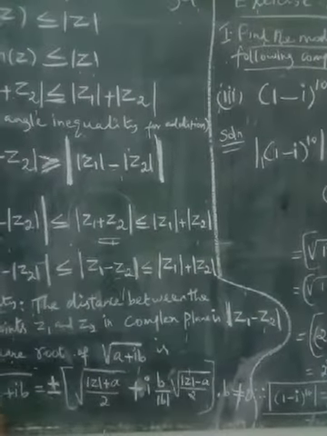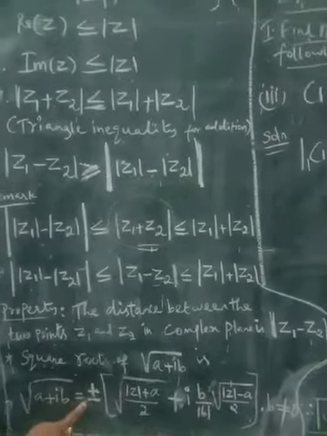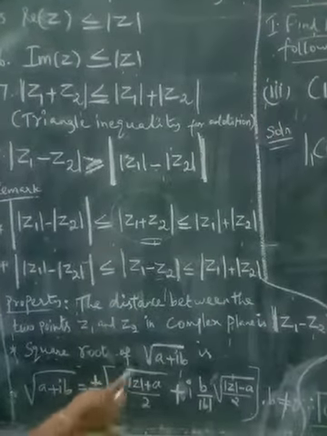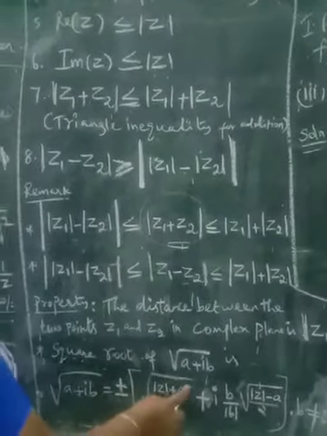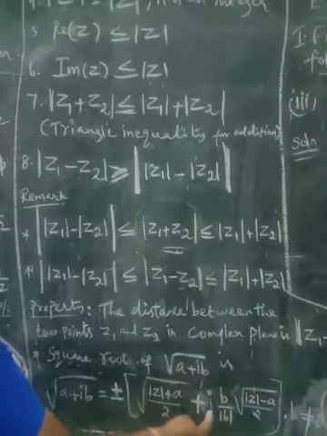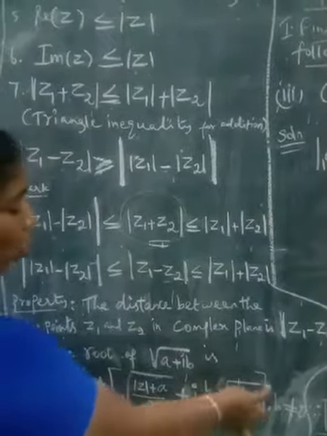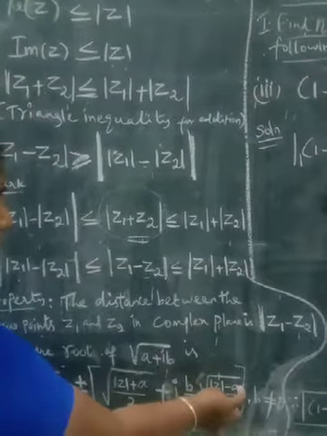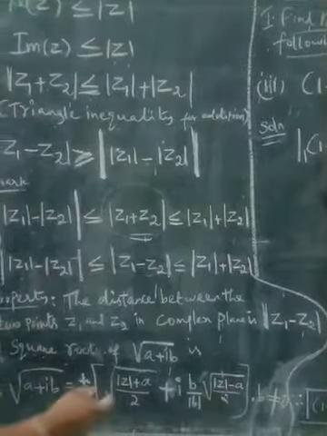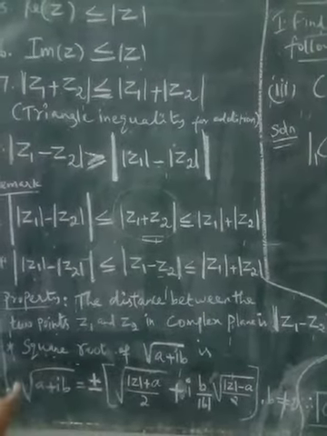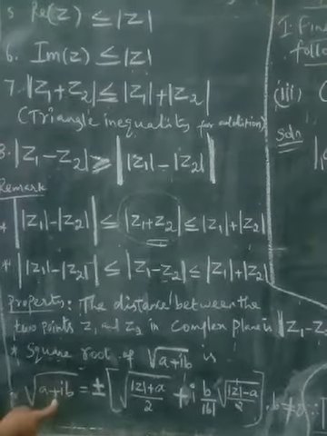Once again, root of a plus ib is equal to plus or minus [root of (mod z plus a) by 2 plus i into b by mod b into square root of (mod z minus a) by 2]. This is the formula we use for finding the square root of a complex number.